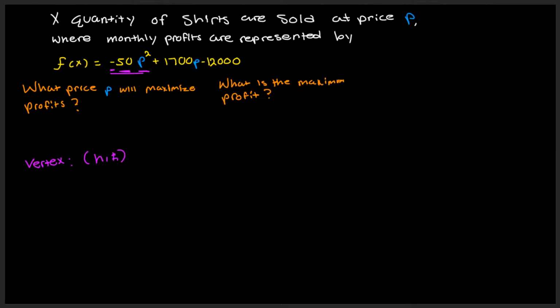(h, k). And the way we pull out h, well, h in the standard form of this function, where we have our coefficient a, coefficient b, and our coefficient c, is going to be negative b over 2a, which, if we plug our numbers in, will be negative 1700 from our b value right here over 2 times our a value here, negative 50, which will equal negative 1700 divided by negative 100, which will just give us 17.